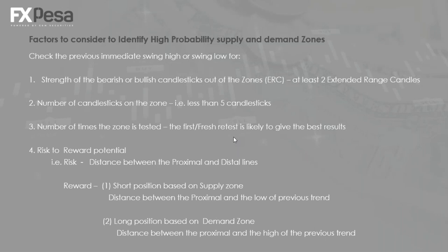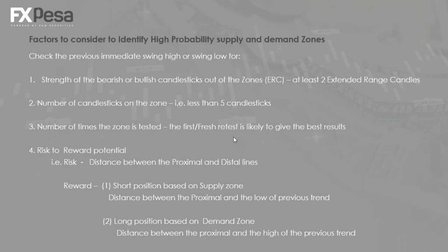Then we have a few factors to consider before we identify high probability supply and demand zones. Remember, it's not just any zone. We want to have a zone where the market has stalled with a few candlesticks. Then that is followed by a very huge rally, either to the downside or to the upside.